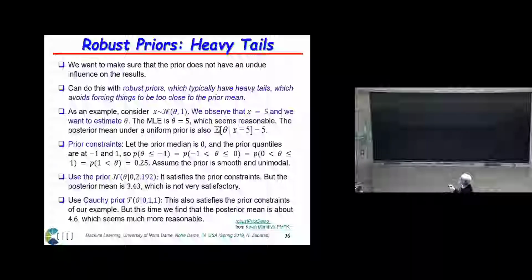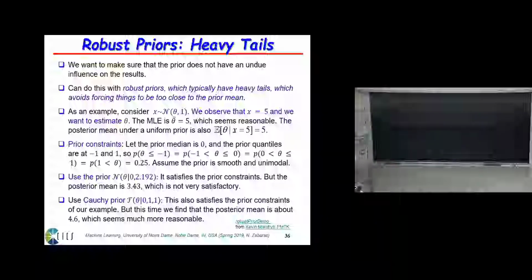And just so that this will come back when we talk about regression, let me only say the following thing. These robust priors have heavy tails, okay? In essence, they try not to pull you towards the prior mean. So when you see ideas later on of using a Laplace distribution as a prior or a Cauchy distribution instead of a Gaussian, the reason for that is robustness.